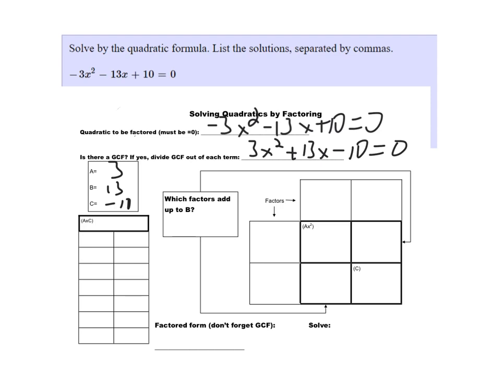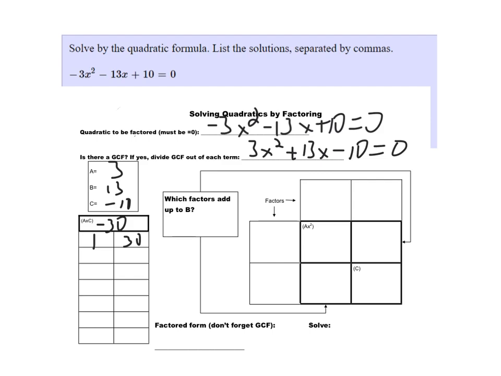And we have to multiply 3 times negative 10 and get negative 30. So what are the factors of negative 30 that will subtract to give me 13? I know they have to subtract because one of these has to be positive and one has to be negative. Well, let's see, 1 and 30, and one of those has to be negative.